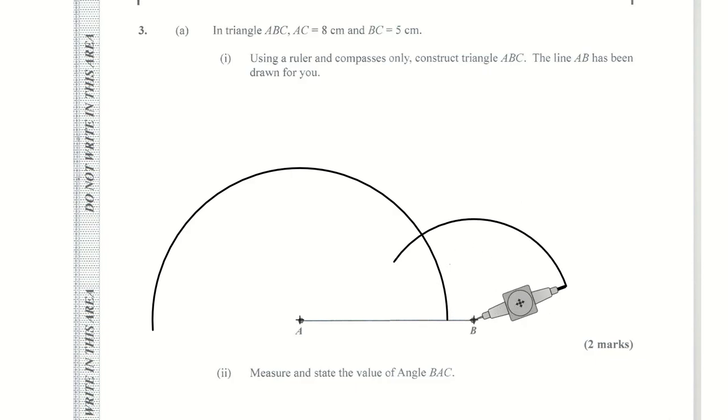Again, my C point is located somewhere here, and my C point is also located somewhere there. So I'm going to join A and connect it where C is supposed to be, and then I'm going to label it as C.